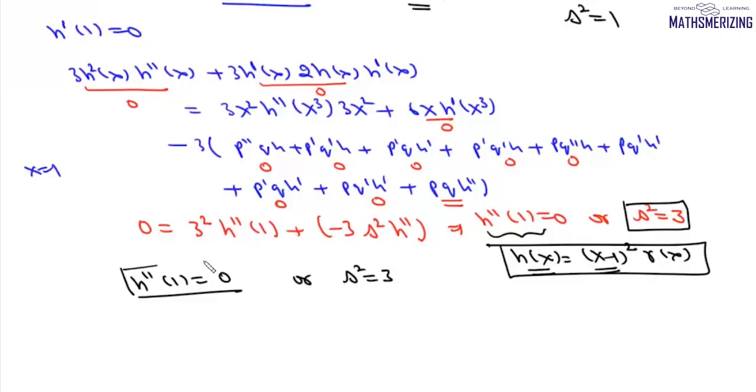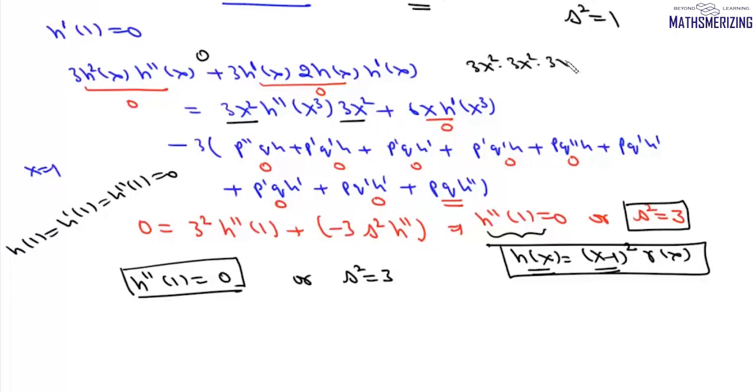Now if we consider H double dash 1 as 0, now we have H(1) equals H dash 1 equals H double dash 1 equals 0. Then if we differentiate this expression again, on the left hand side we'll always have H(1), H dash 1 or H double dash 1, which is 0. So left hand side will be 0. On the right hand side we'll have 3x square into 3x square into 3x square into H triple dash x cube.